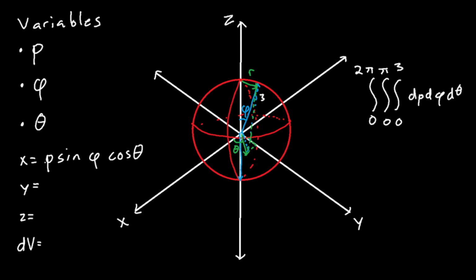If you multiply this green vector by cosine of theta, you'll get its value along this part of the x-axis.